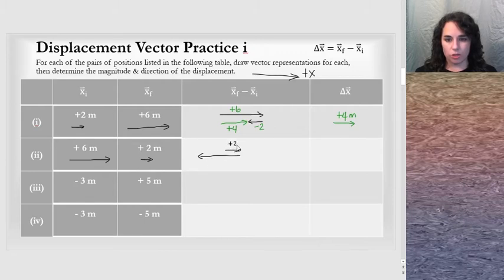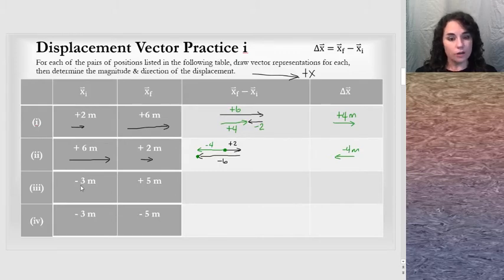So I have plus 2 minus 6, and that results in what I was expecting, a minus 4. When I find this final vector, I'll go from the end of the first vector to the front of the second vector. So this will be negative 4 meters like we expected it to be.